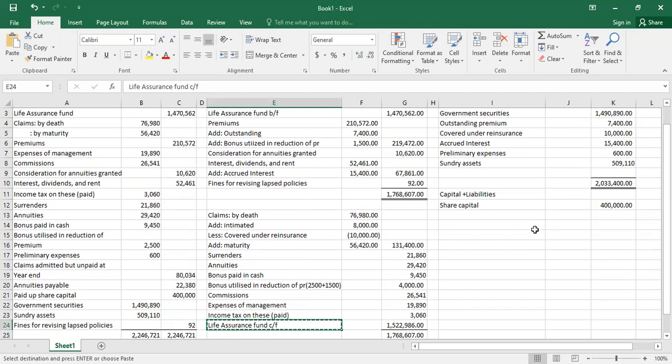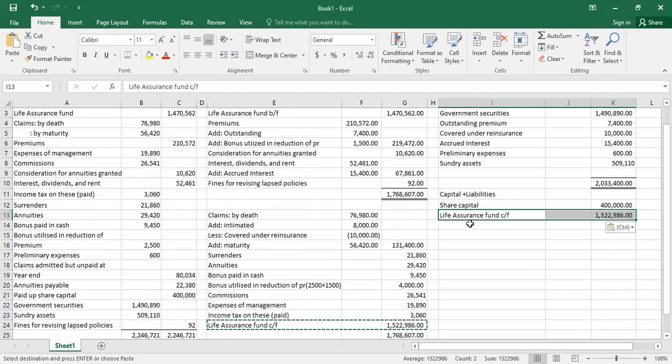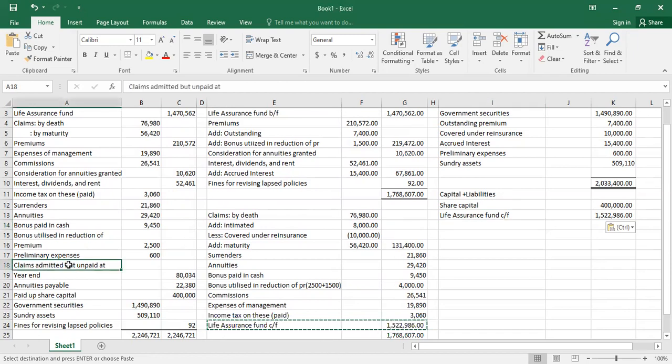Carry this amount the way it is. We now look at the liabilities. I have these claims that were admitted, but they had not been paid. So it's a liability.